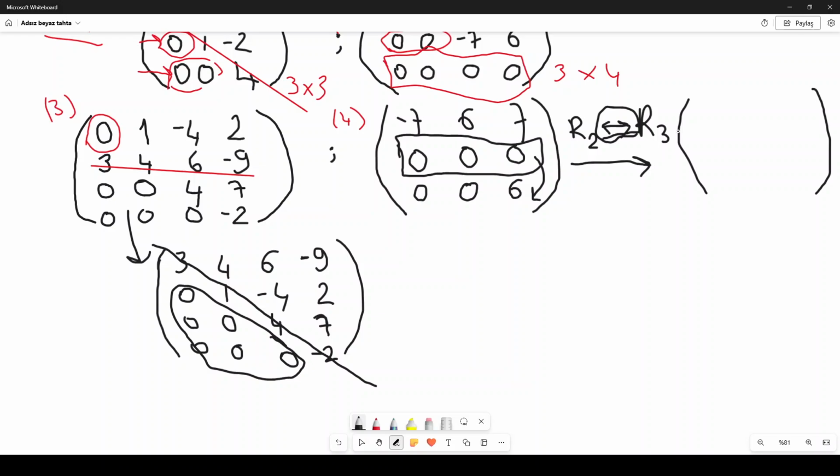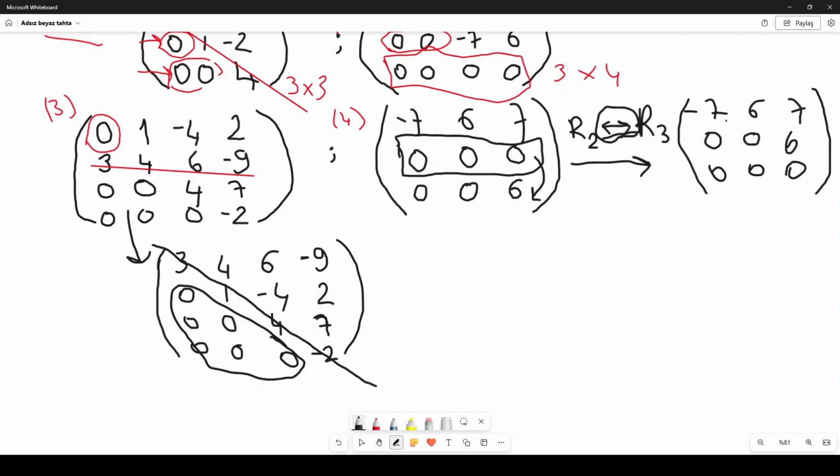I just switch the places they hold in the matrix, right? Minus 7, 6, and 7, and the rest is the same. I just modify the locations of the second and third rows. So this is 6, and now what do I get?